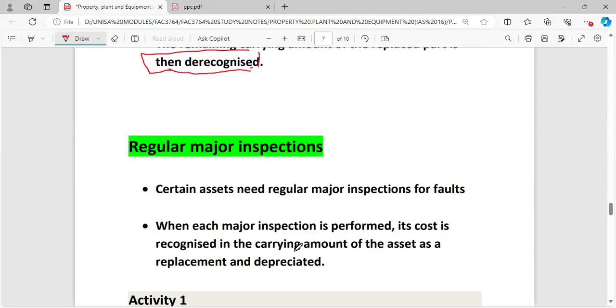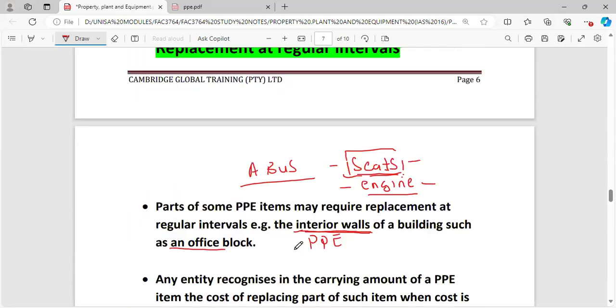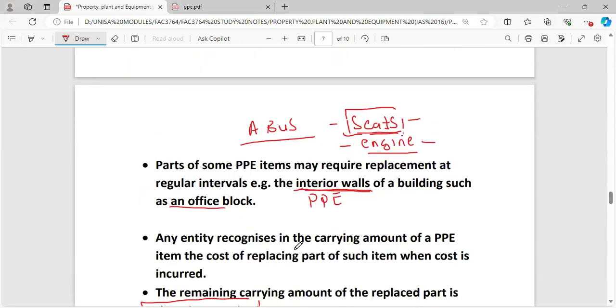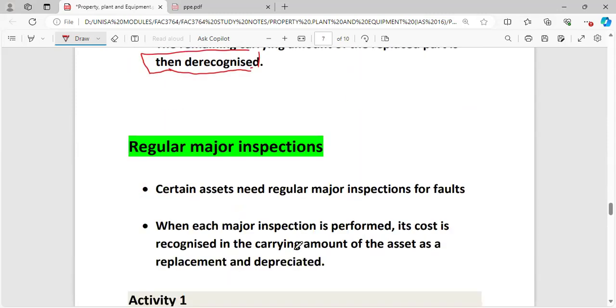So let's look at another one, regular major inspection. You will see that inspections and replacement look more or less the same, but inspection is a situation where we do regular inspections for faults, right? When we do regular inspections for faults, there is going to be a cost. So the cost is going to be recognized in the carrying amount of the asset as a replacement and is going to be depreciated.